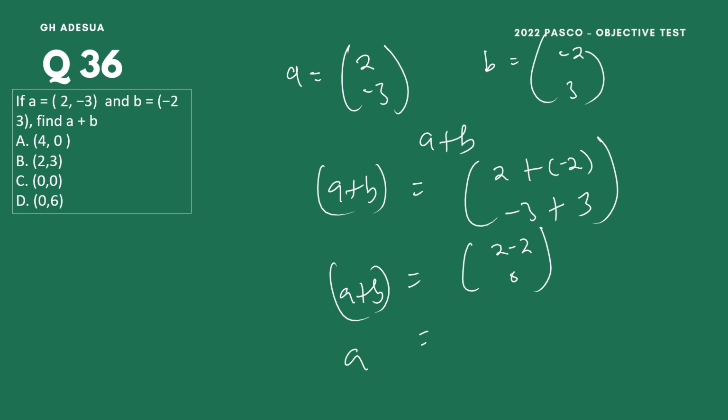So both would give us 0 and 0. So it means the answer is C. So to question 38, take a time and reflect on this. You can skip back and watch it to understand.